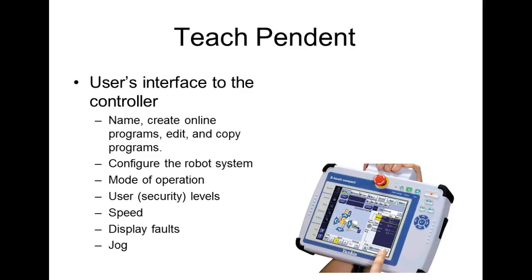And then we have offline programming. Offline programming means we develop the program on a computer, and then we upload or download it into the robot. The advantage of offline programming is that the robot itself is not offline while you're writing programs.